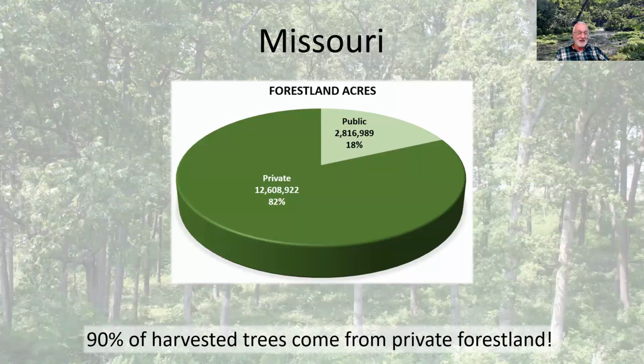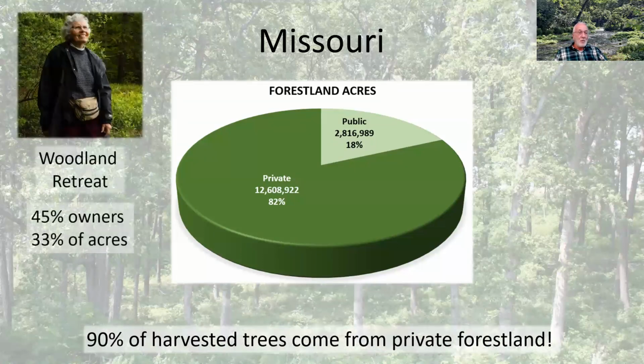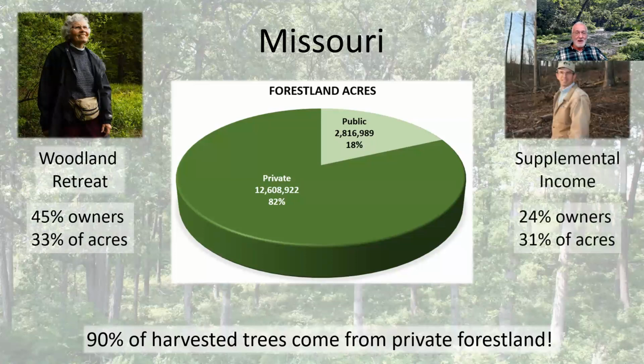They're, I guess you could say, a cornerstone or keystone species in their own right. Woodland retreat owners, those are what we call our recreational landowners. 45% of them make up about a third of that private forest land acreage. The other large group are supplemental income folks who are working the forest.